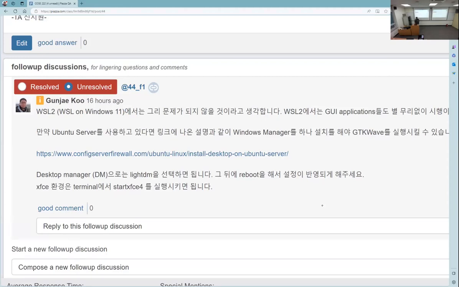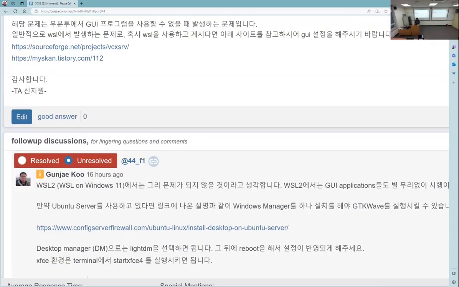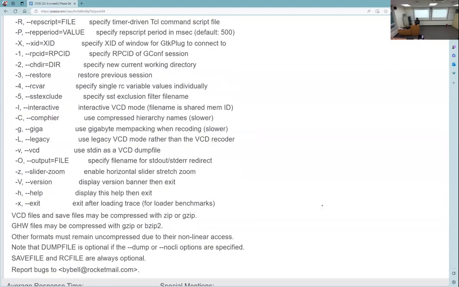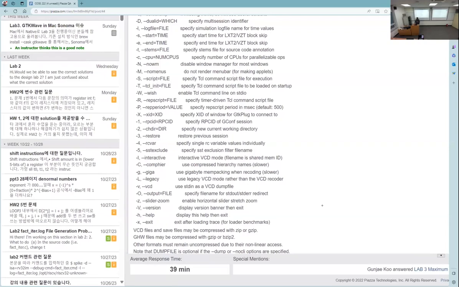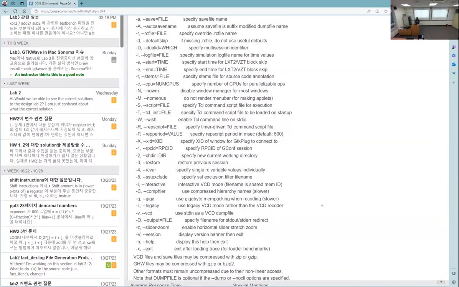Okay, this is a very lightweight window manager. Also, on the Mac operating system, you can install GTKWave using Homebrew, the package management tool of the Mac operating system.